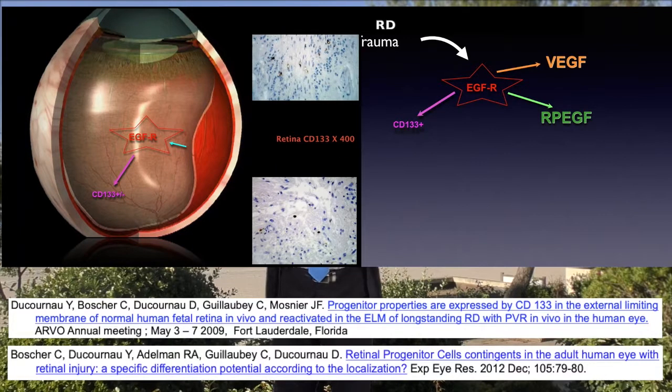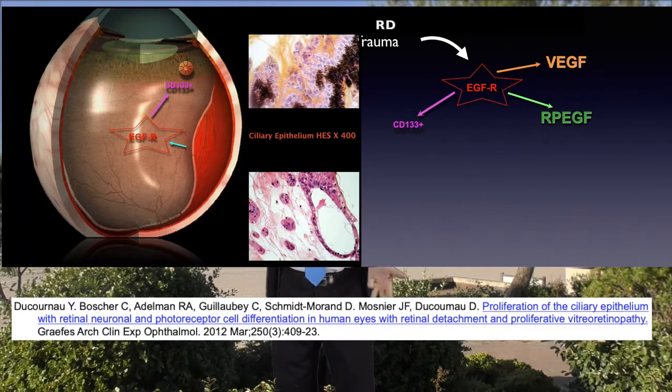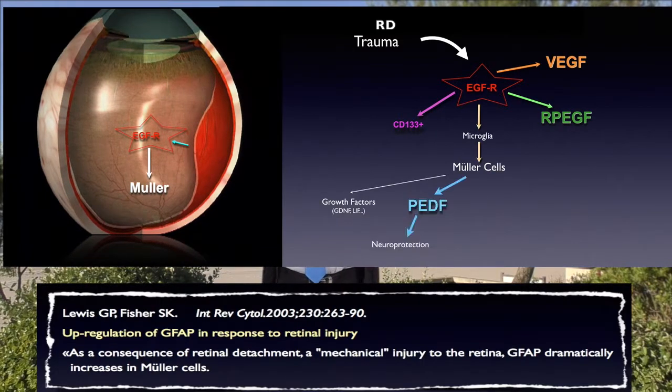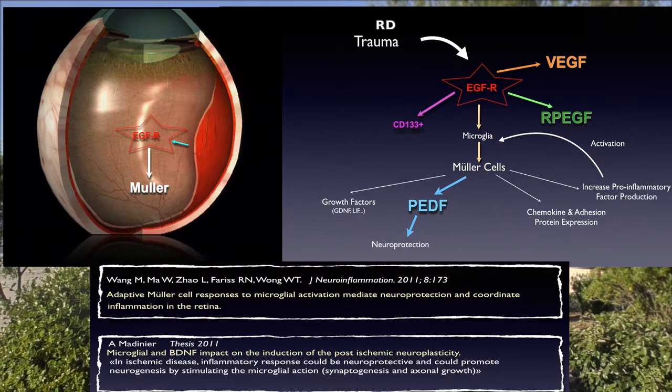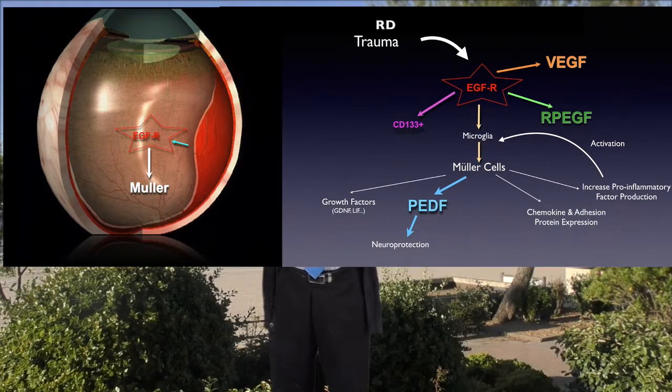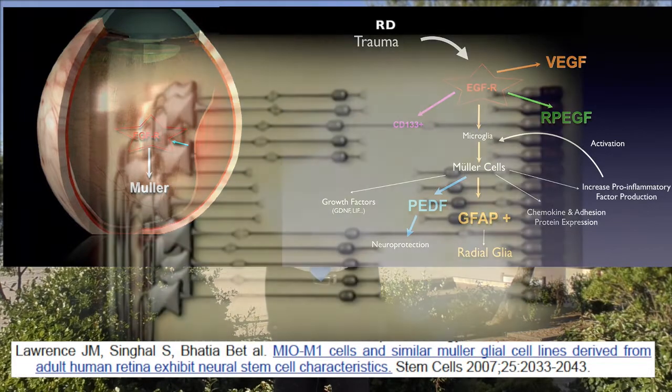The production of retinal and ciliary progenitor cells, the production of growth factor and PEDF, the production of pro-inflammatory factors, and especially the production of radial gliosis, a true neuroprotective and repairing process since GFAP has synaptogenesis properties.